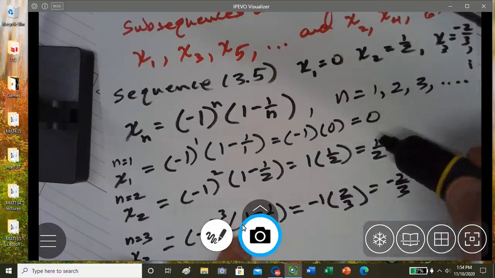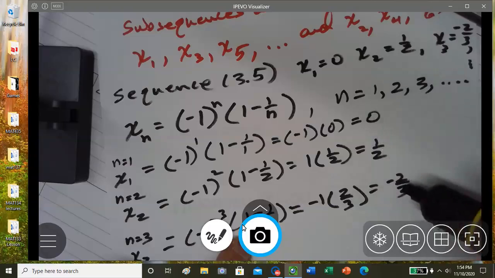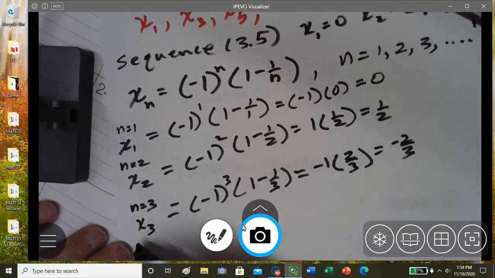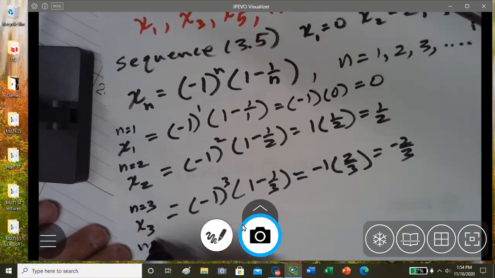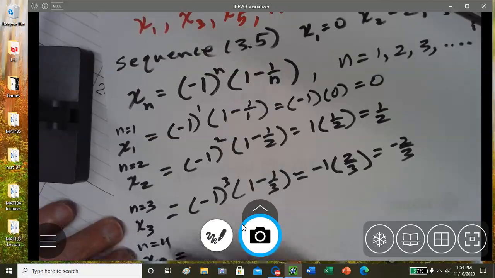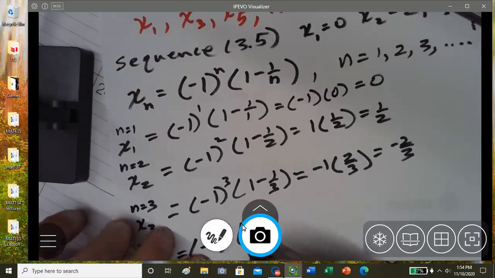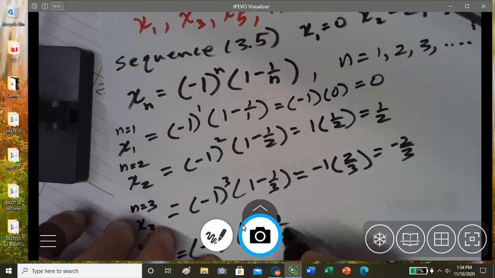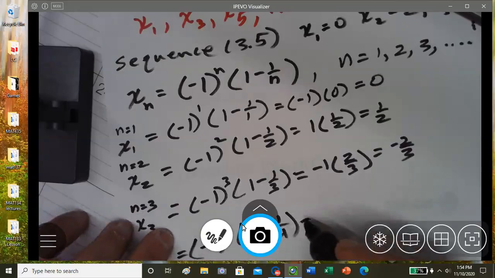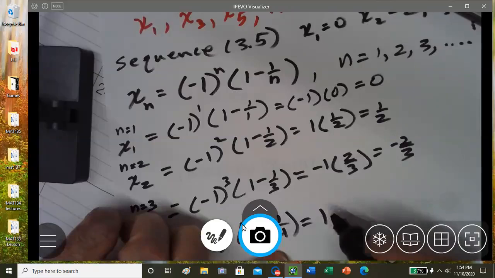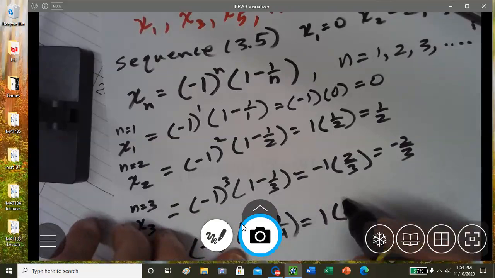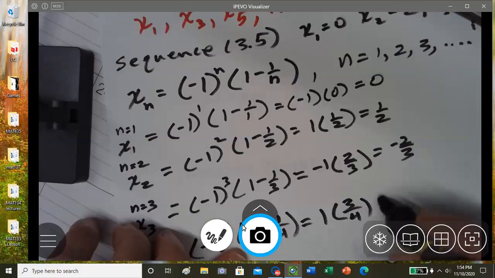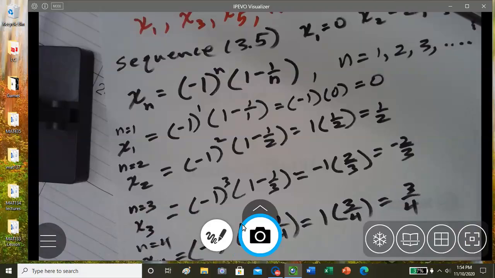So now we start at 0, 1/2, negative 2/3, and so on. N equals 4, x sub 4, negative 1 to the 4th, 1 minus 1/4. Now it becomes a positive again, and this would become 3/4. So now we get 3/4, and so on.